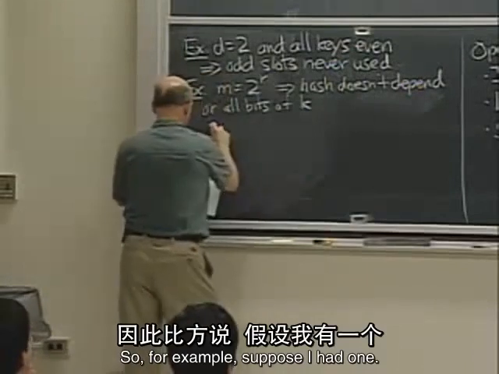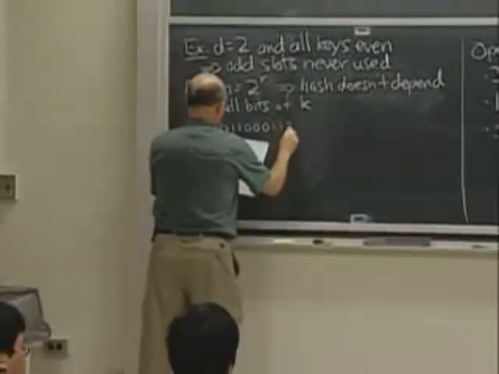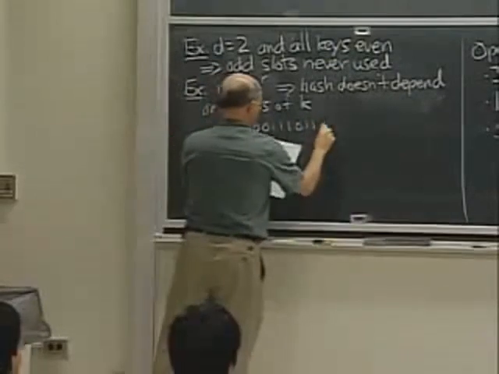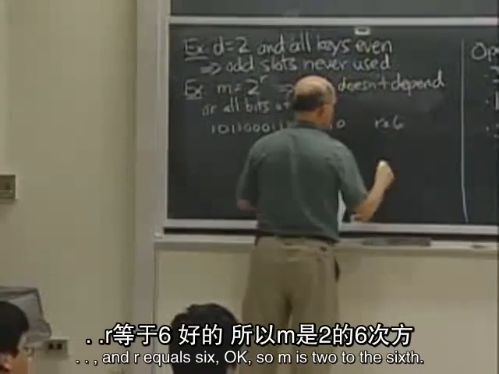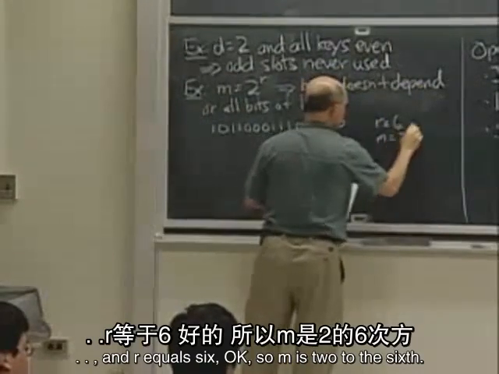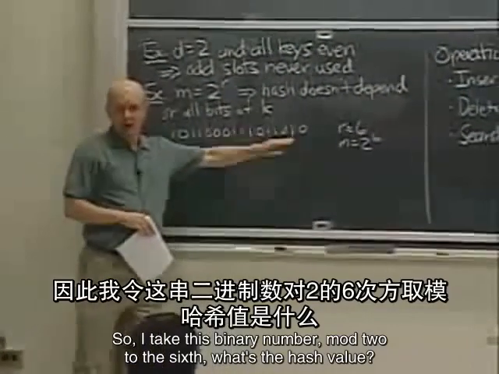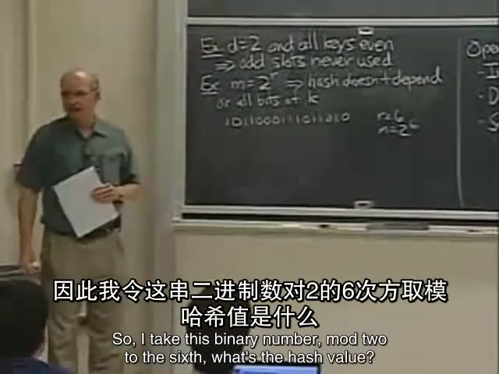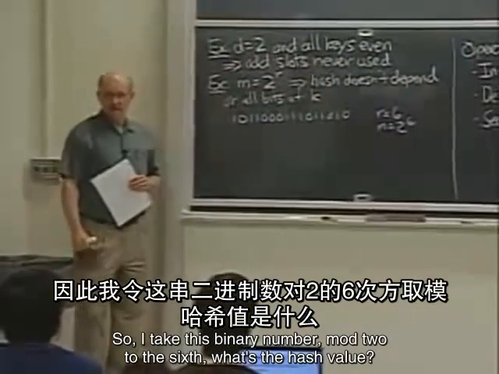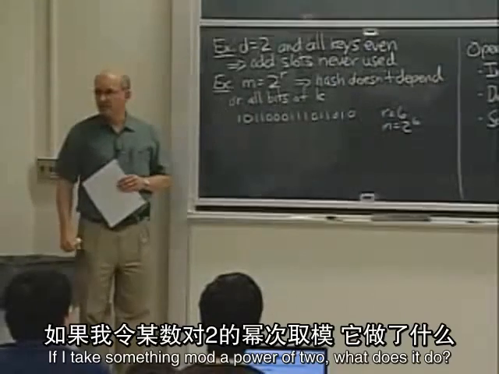So for example, suppose I had a binary number, and r equals 6, so m is 2 to the 6th. So I take this binary number mod 2 to the 6th. What's the hash value? I take something mod a power of 2. What does it do?